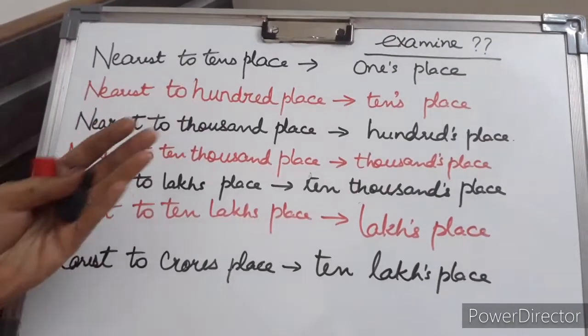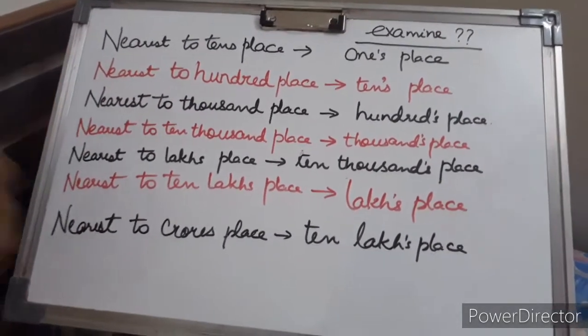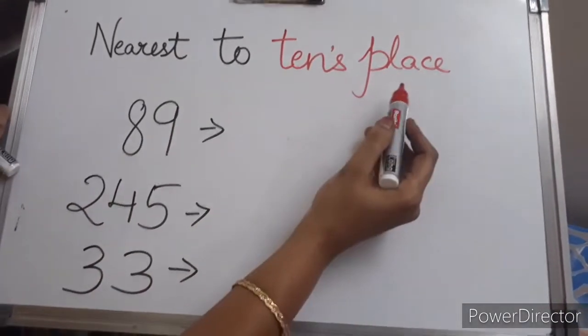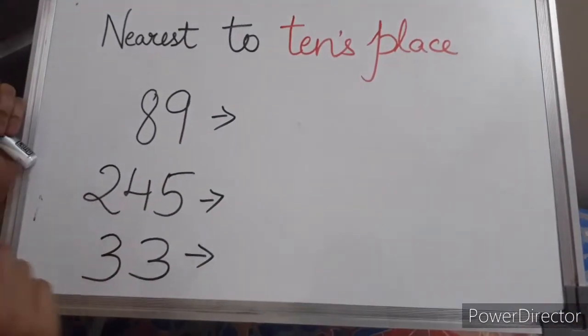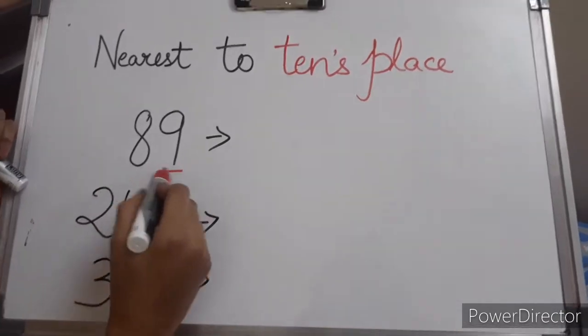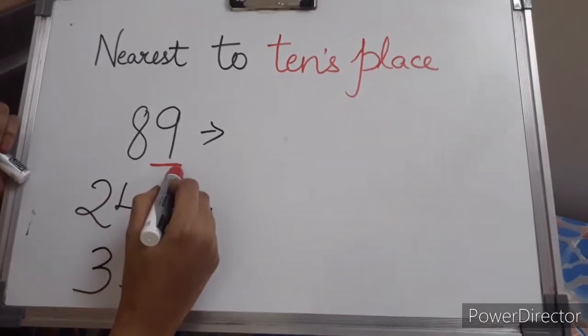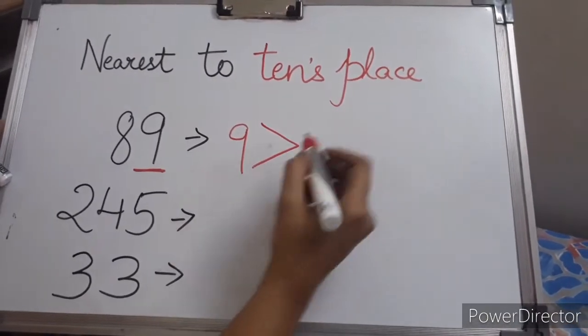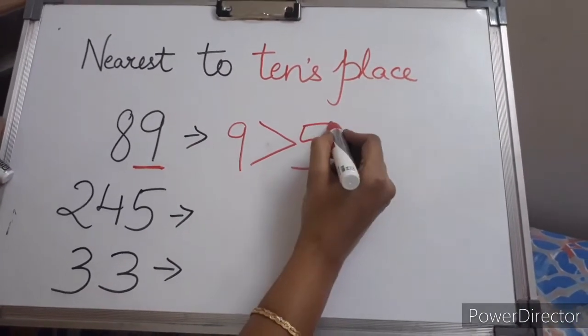So how we are going to do the sums, let's check it. Nearest to tens place, first we have to examine the ones place digit. Ones place is 9, which is greater than 5.